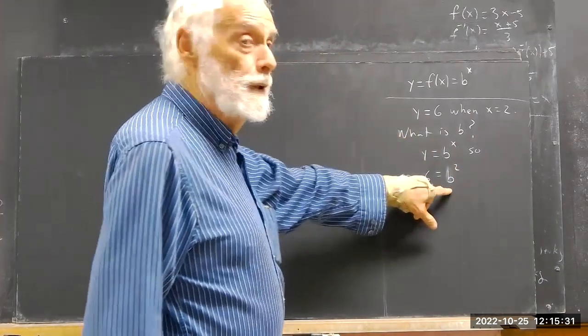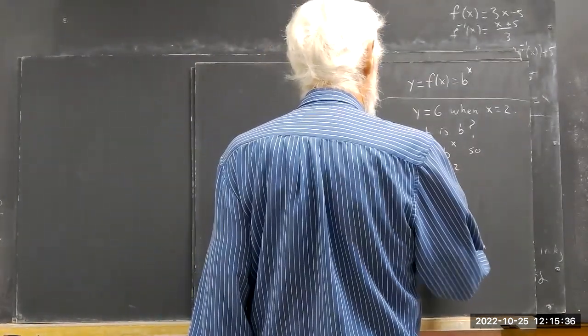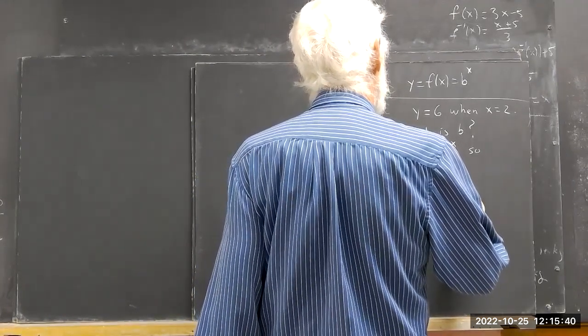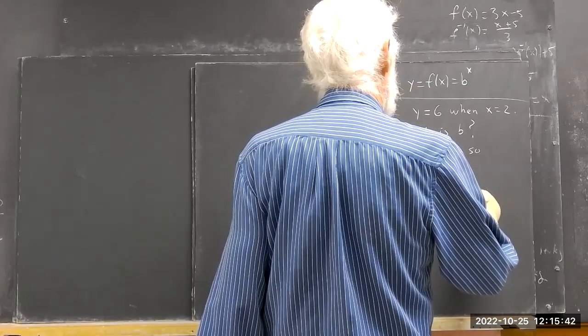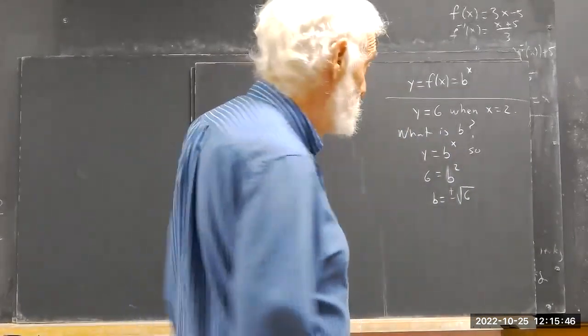So 6 equals b squared, right? And b is plus or minus the square root of 6.